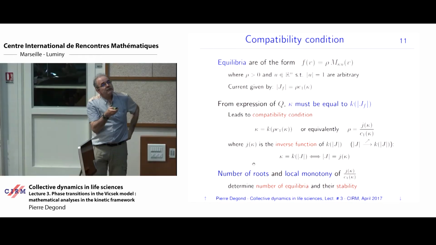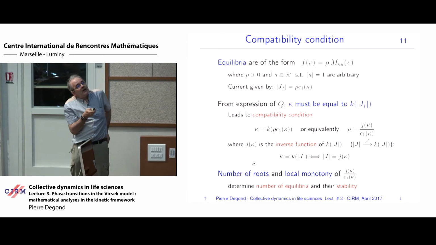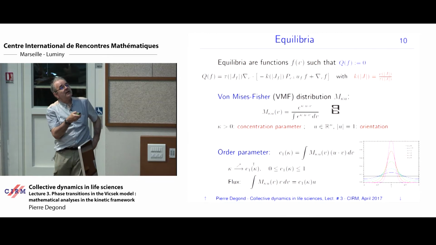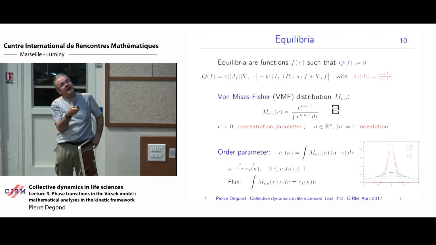And you can actually rewrite this equation a little bit differently. I will assume, but it's not needed, it's a simplifying assumption, that this function k of j, maybe I should have made precise that this function k is just the ratio of nu over tau. So this is, again, like before, the ratio of the competition of alignment to noise, but they depend on the norm of j.